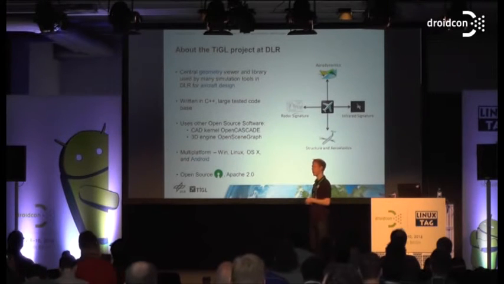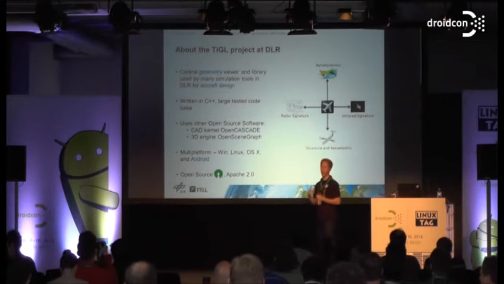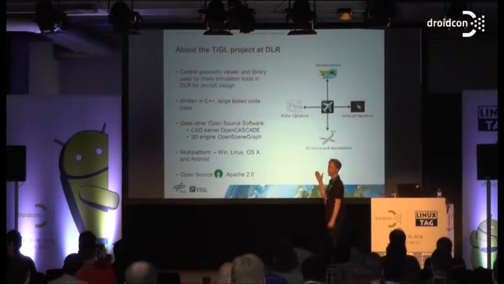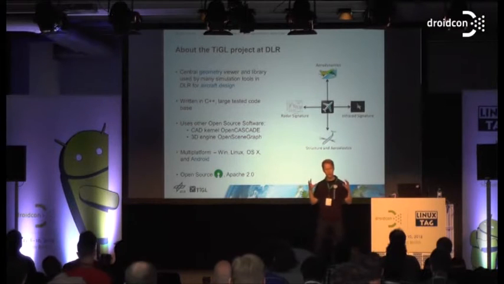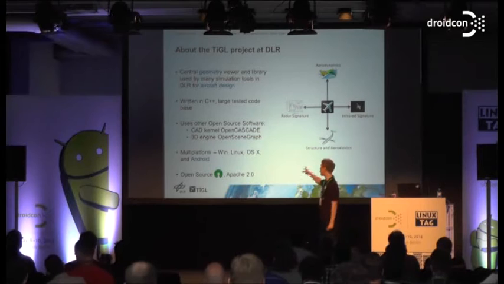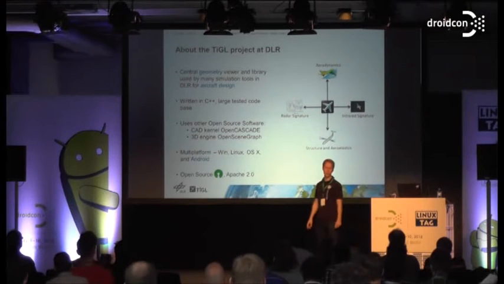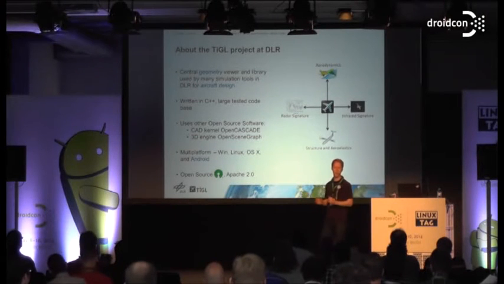It has a quite large code base, and most importantly, it's tested. And we're using other third-party libraries, and the most important one is the Open Cascade CAD kernel. So we're using a CAD kernel inside our tool to create the geometries, and this one consists of 4 million lines of code, so you don't want to rewrite that, right?